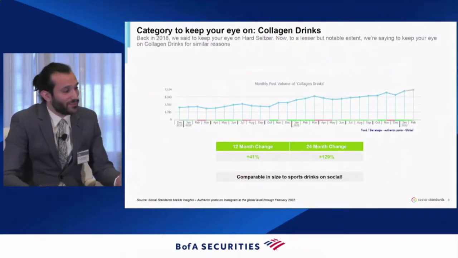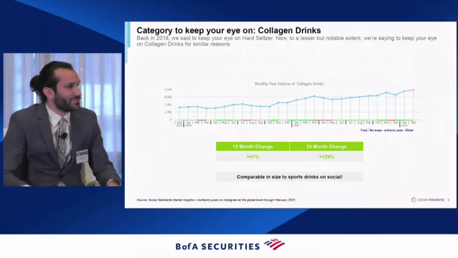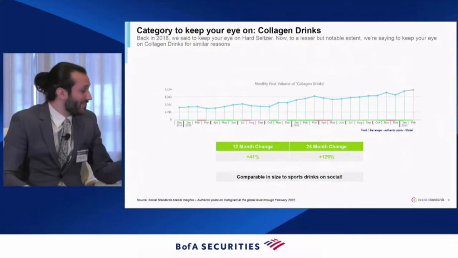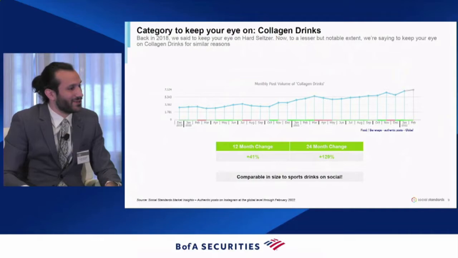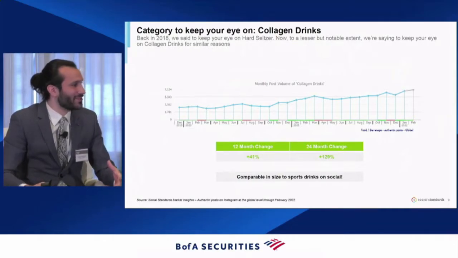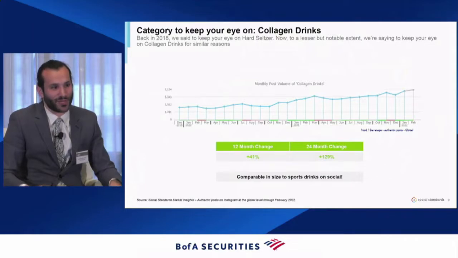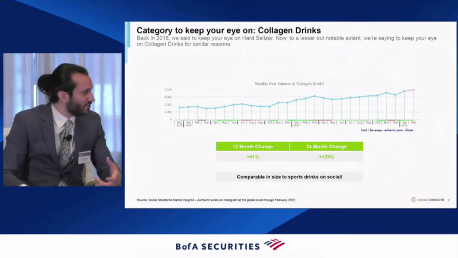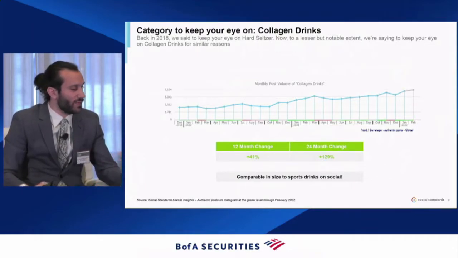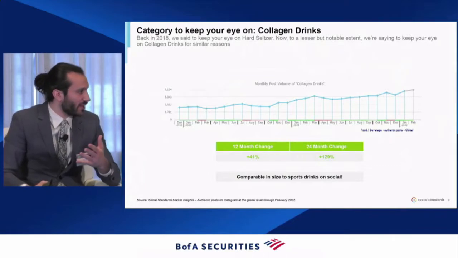And the last thing on food and beverage I want to share, a really interesting thing. About 5 years ago when we first came here, we talked about how hard seltzers were going to be one of the next big things in the beverage alcohol category. We used a lot of signals in order to make that determination. Some of it had to do with the trajectory of conversation.